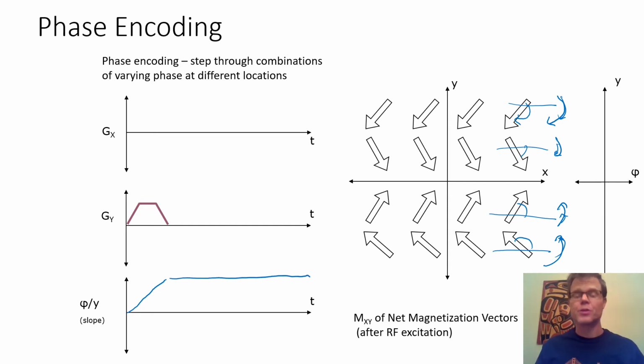But then after we turn this gradient off, the phase remains fixed. It's unchanged. We're going to illustrate that in this picture. I have to draw a much higher slope, so a greater phase accumulation as a function of y.